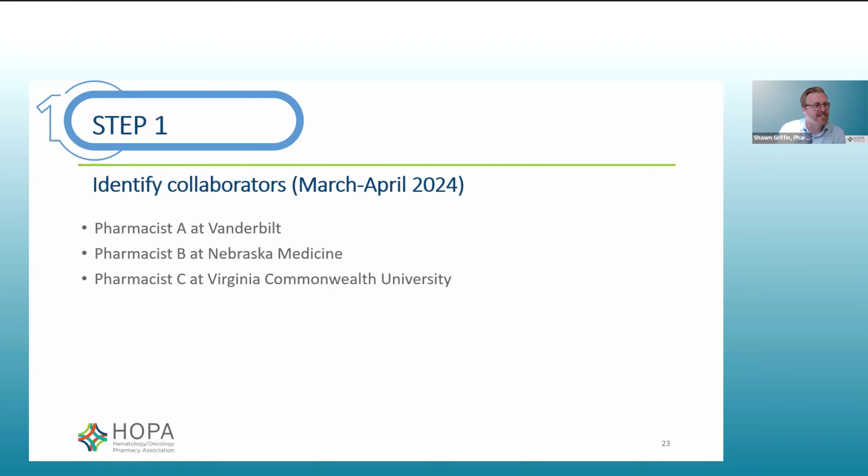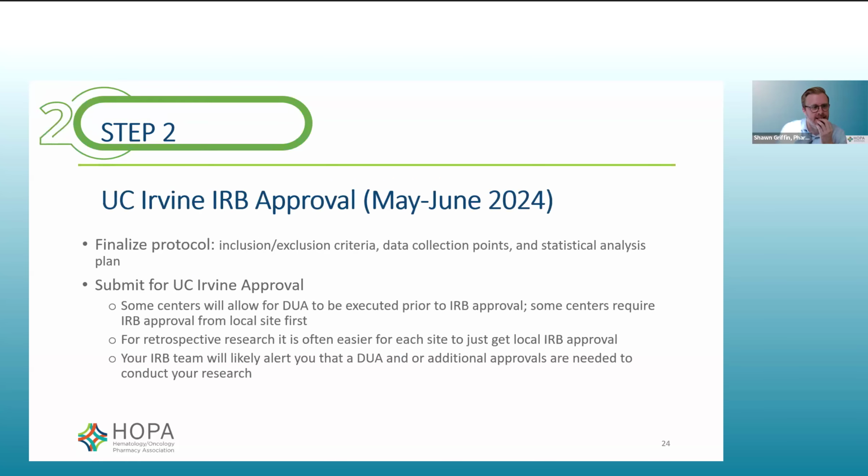But ultimately, we identified 3 other centers that wanted to collaborate with us on this project. And as you might imagine, even just getting your colleagues to agree did take some amount of time. So that took us about 2 months before we had this group of individuals that wanted to participate and wanted their PGY2 residents to also participate. Next slide, please.